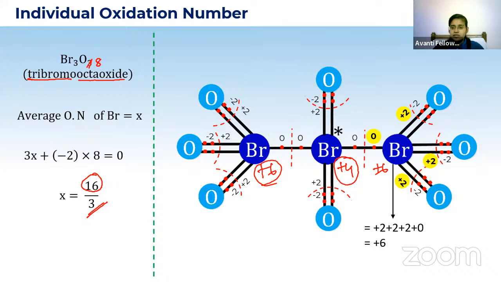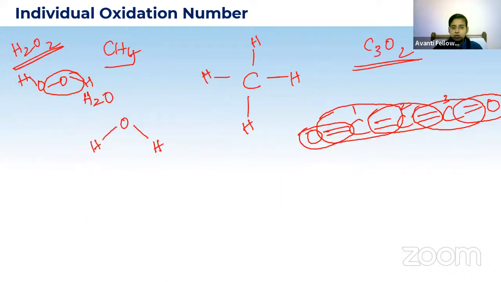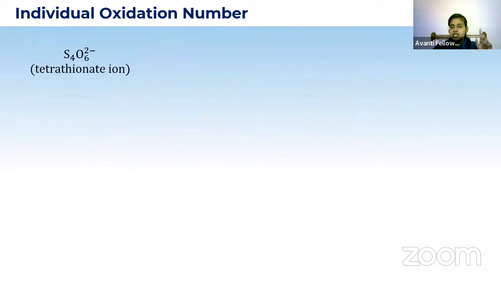Okay, fine. So this is all about the special case, and I have one more special case for you guys. That is S4O6 2 minus. You can take this as homework and find out the average oxidation number of sulfur in this compound, and try to draw the structure as I have told you, and find out the oxidation number of each sulfur in this compound.